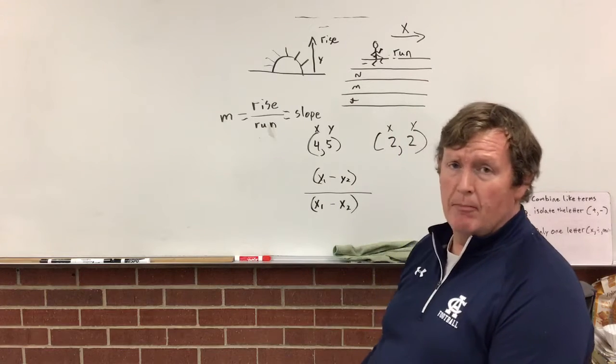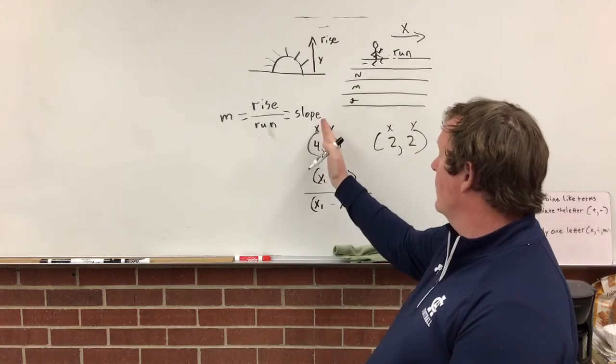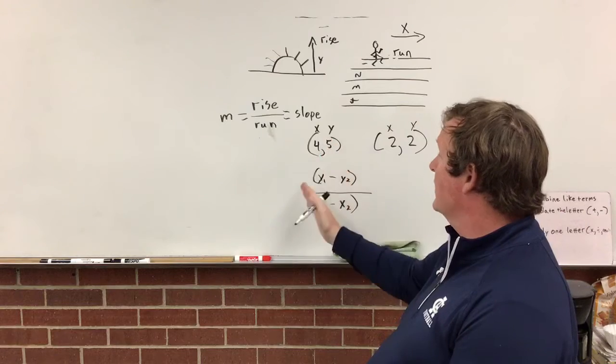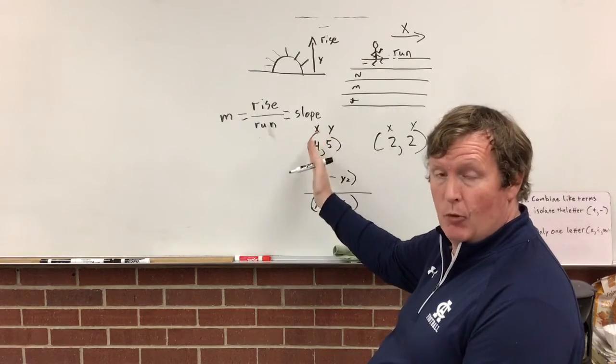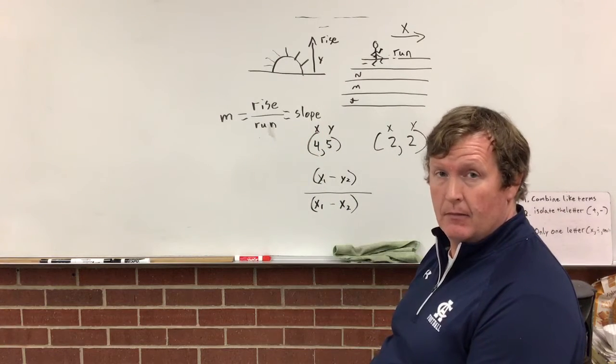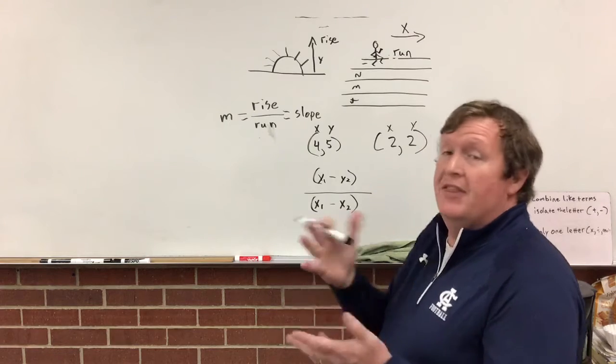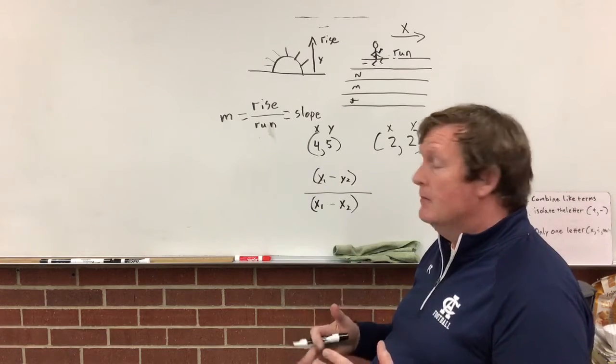Now this is really important. If I start with this ordered pair for my y's, I have to start with the same ordered pair for my x's, okay? Because if I don't, then it gets mixed up, right?